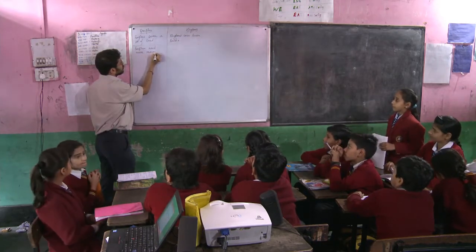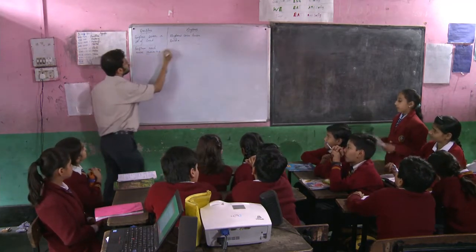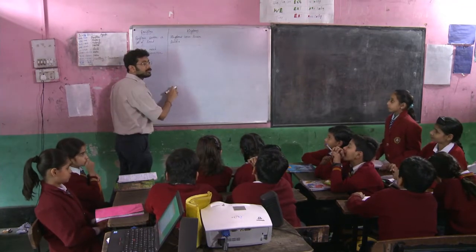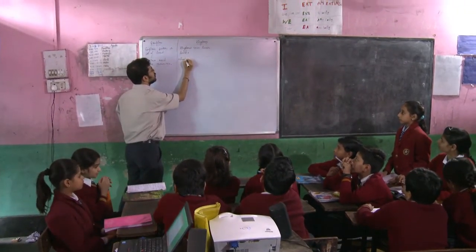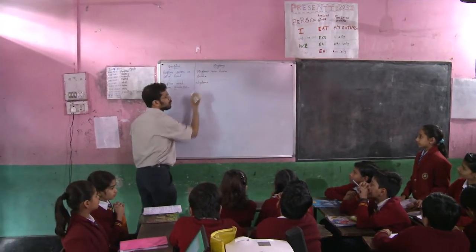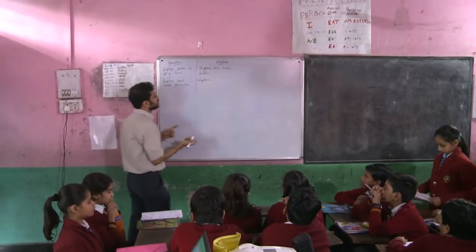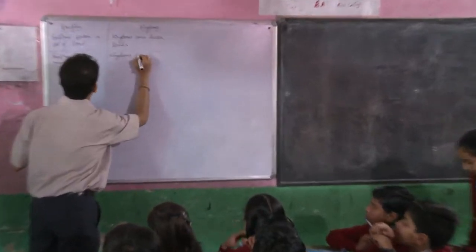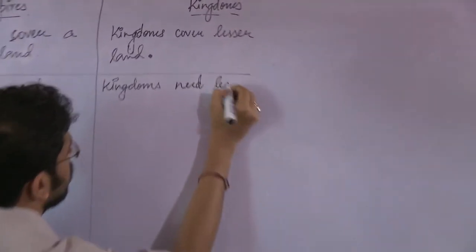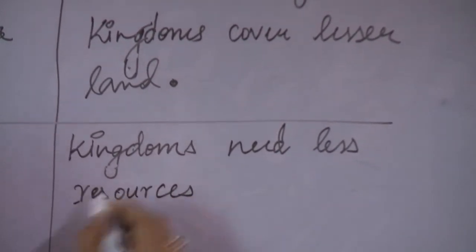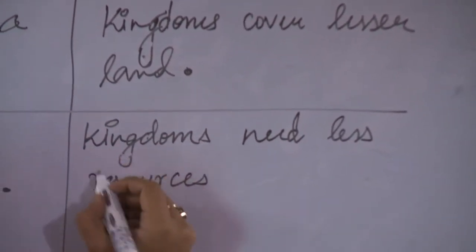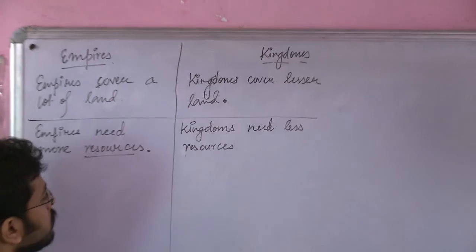Can you tell me what is the meaning of this word resources? Where they're more protected. More protect. Can you explain in Hindi what you're saying? Like empires को जो है ना ज़्यादा resources. Can you give me an example of the word resources?